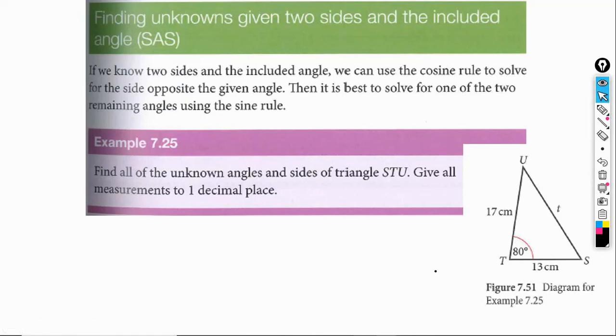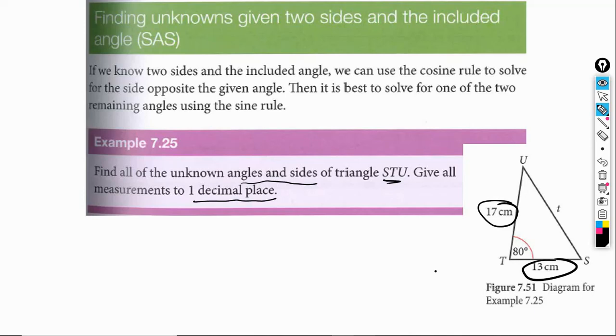And it's 7.25. So notice that it says that they want us to find all the unknown angles and sides of triangle STU. Give all measurements to 1 decimal place. So we have this side, and the angle opposite t. So the easiest thing would be to find side t.